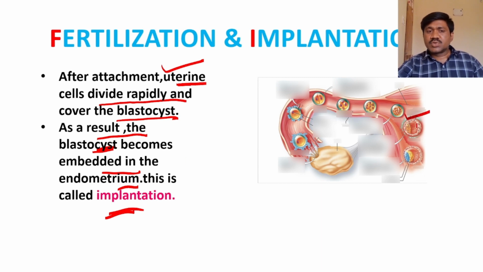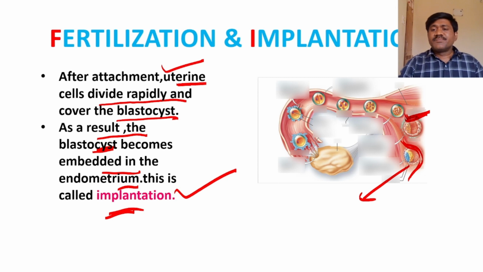This is the blastocyst, and the cells divide rapidly and the blastocyst becomes embedded inside the endometrium layer. This is called implantation. Like this, the embryo is implanted in the uterine wall.